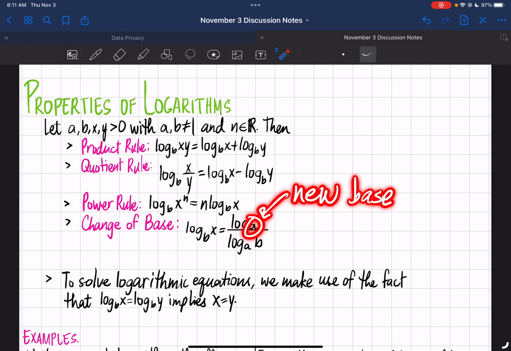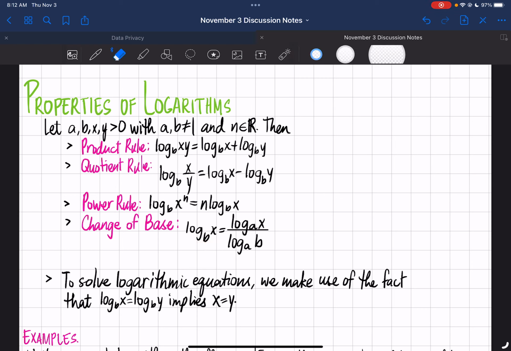Pero upon conversion, i-divide mo siya by log of b base a. So, itong base na to, yung pinakauna nating base na b, kukunin mo yung logarithm niya sa base a.